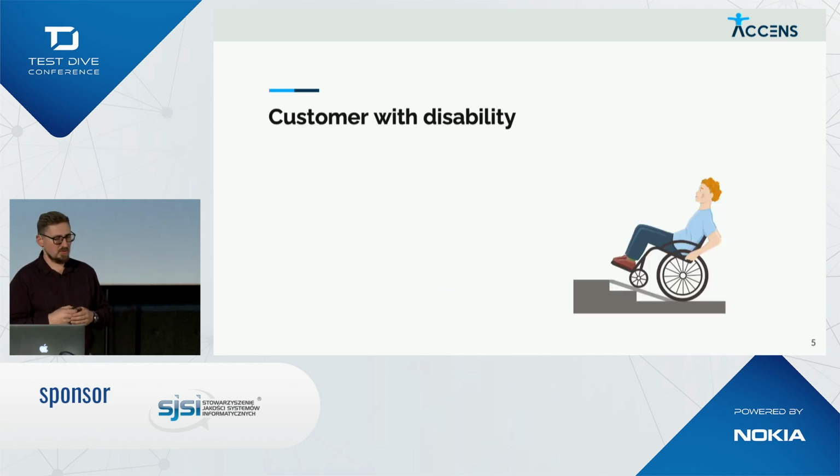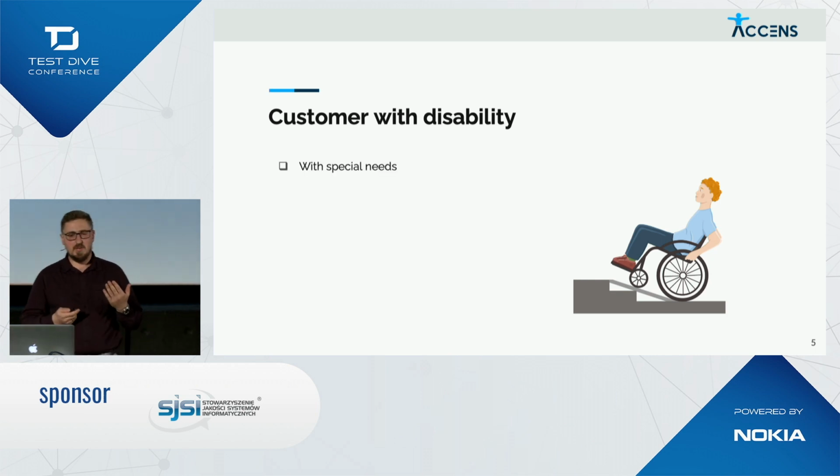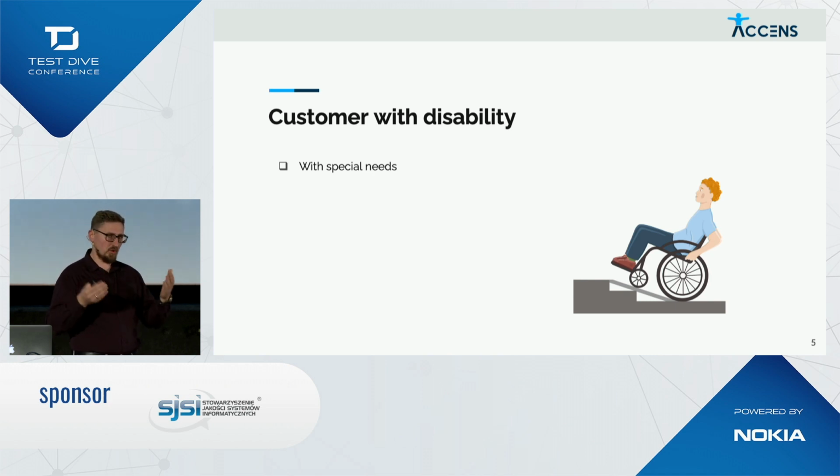Let's go on to describe the customer with disability. For sure, this is a customer like every other customer, so he has some needs, but he also has some special needs. If you imagine your customer, say you've got a shop where you are selling shoes, your customer is looking for shoes.